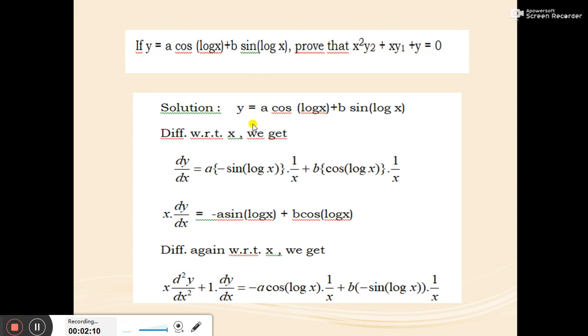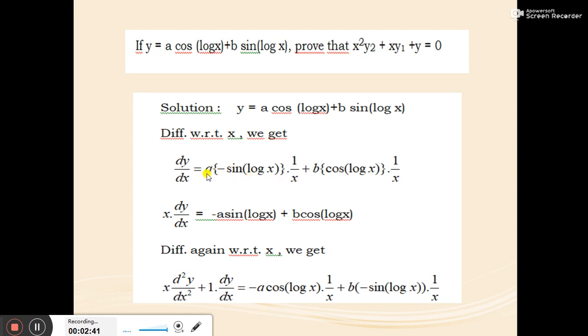Differentiating this with respect to x, we get dy by dx is equal to a into derivative of cos, that means minus sine of log x, into derivative of log x, that is 1 by x. That means we have to differentiate this function according to the chain rule, plus derivative of b sine log x, it becomes b cos of log x into 1 by x.